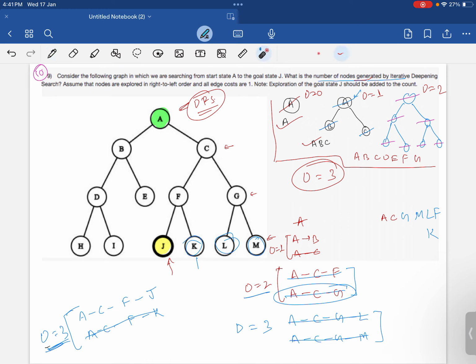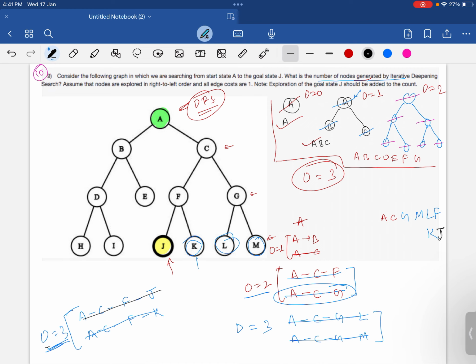Now again I look at my fringe. This one is left, and this one is also left, but that is at depth 1, so I am going to pick the one at depth 3. This one will get explored, and I will reach my goal.